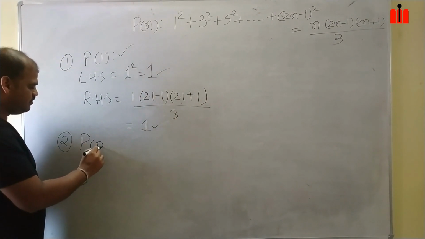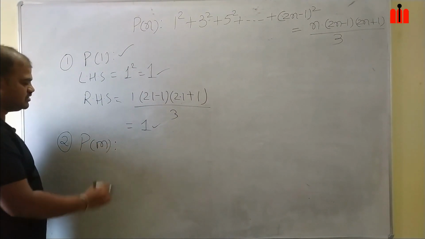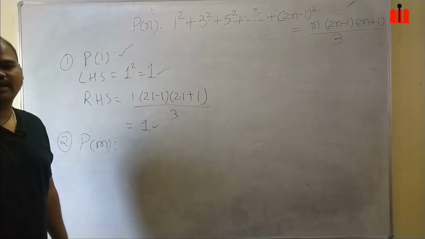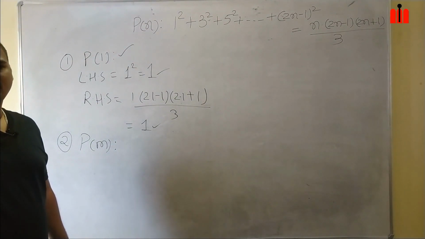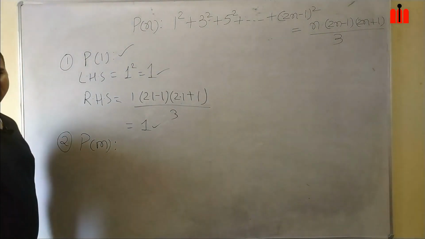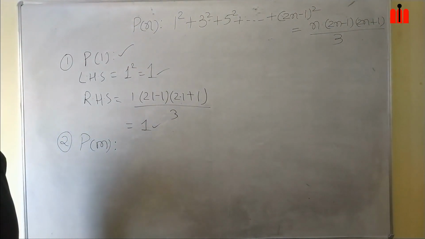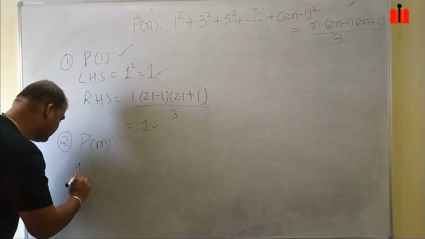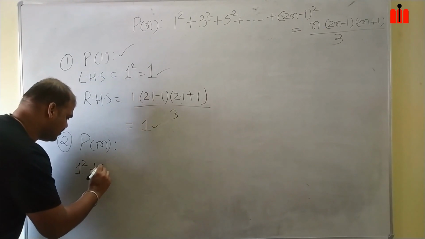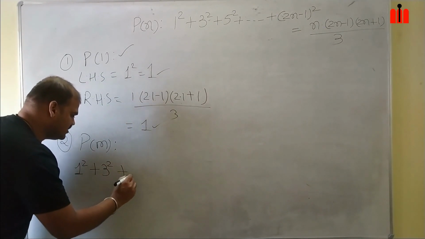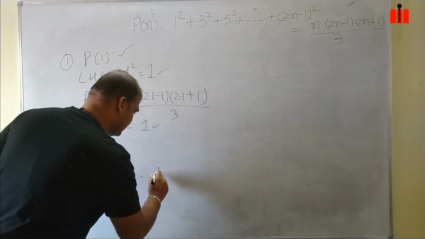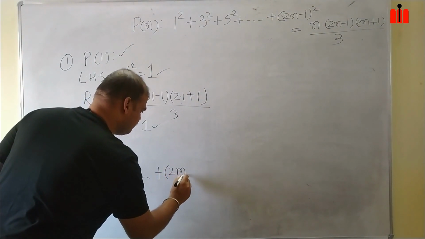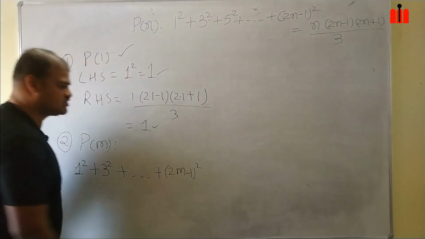Now come to the second step, where we assume that Pm is true. Once we assume Pm is true, we come up with a concrete statement. And what is that concrete statement? The concrete statement is 1 square plus 3 square plus, up to 2m minus 1 whole square.